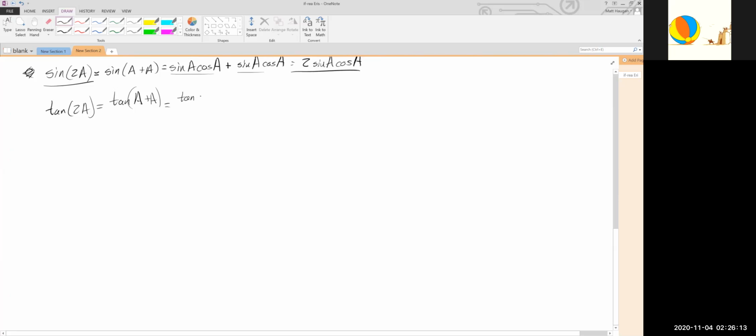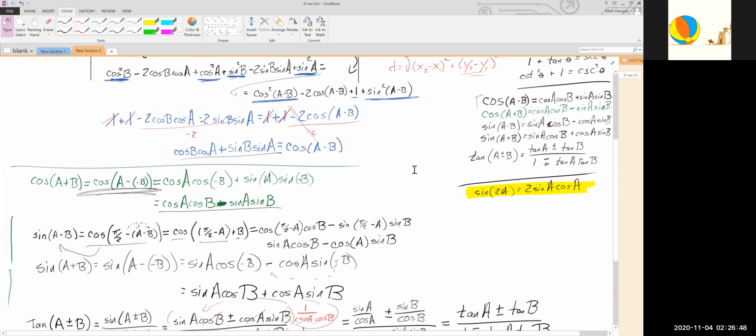That means we have the tangent of A plus, because the numerator keeps the sign, the tangent of A, over 1 plus, well, in the denominator, the sign changes, right? So 1 minus the tangent of A times the tangent of A. So it simplifies a little bit into 2 times the tangent of A over 1 minus the tangent squared of A. Okay, great. We can add that to our formulas.